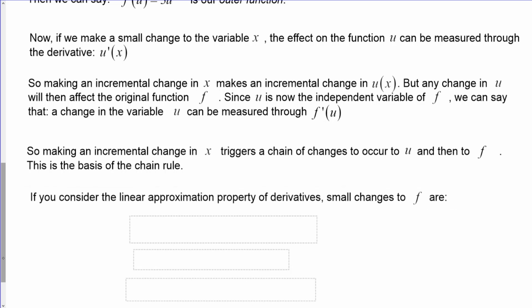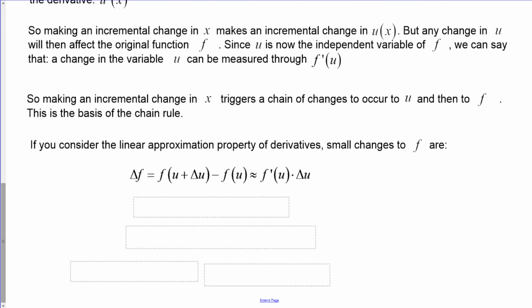If we think back to the linear approximation property of derivatives, small changes to f would be delta f is f of u plus delta u minus f of u. And that's simply, if I'm considering f as a function of the variable u, then I can determine how much the function f has changed with increments of u.